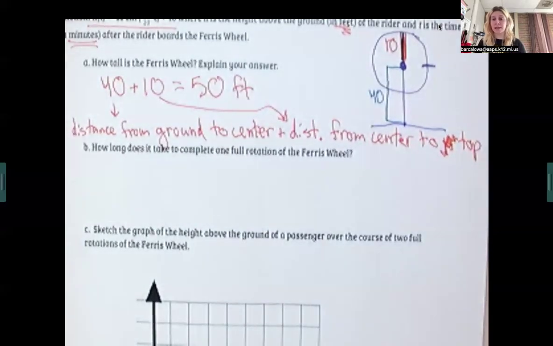Okay, that's my full height, the distance from the ground to the center, plus the distance from the center to the top.